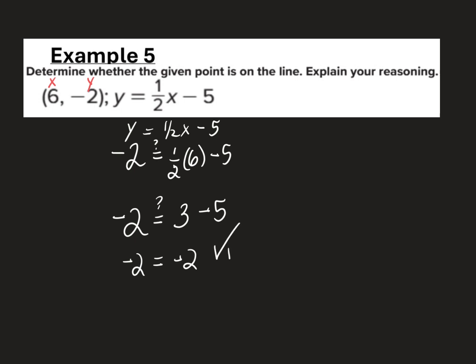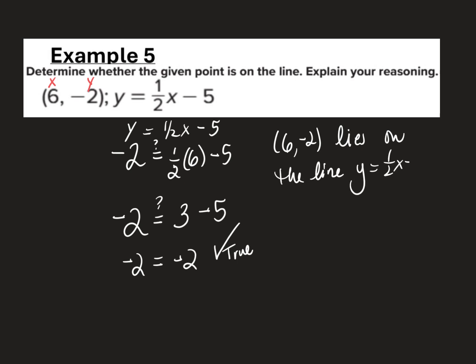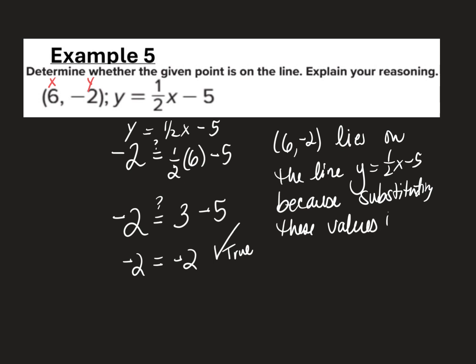So, yes, that's a true statement, which means that 6, -2 lies on the line y equals 1/2 x minus 5 because substituting these values in for x and y gives a true statement.